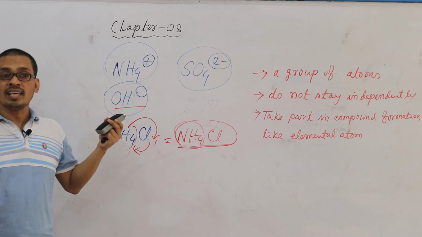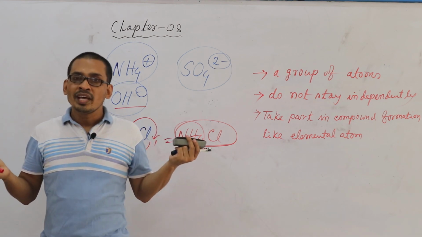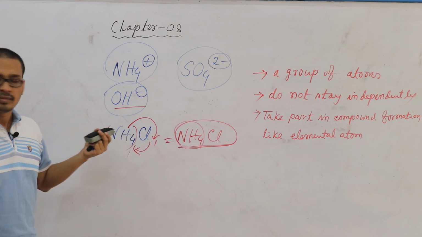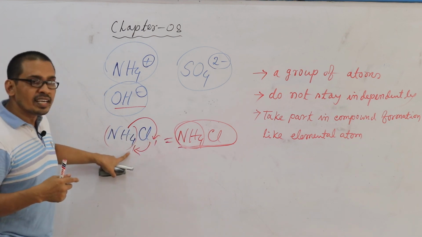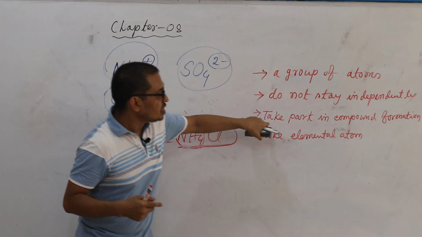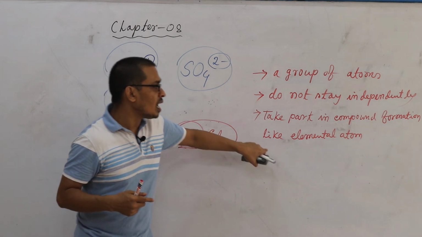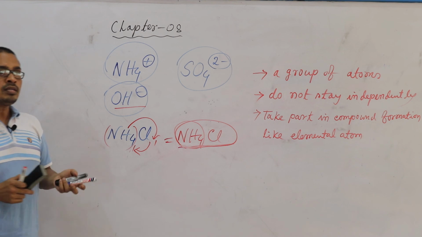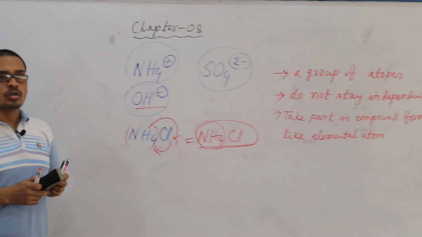The definition is: the number of hydrogen atoms that get attached to an element is called its valency. Now the radicals, a group of atoms that do not stay independently, take part in compound formation like elemental atoms, are called radicals. Dear students, that's all about our today's topic.